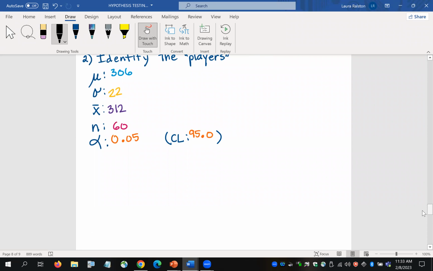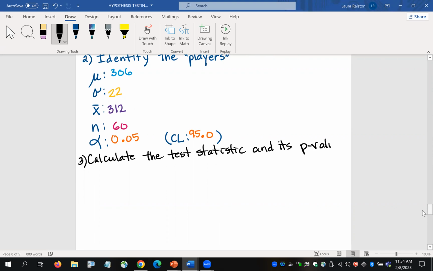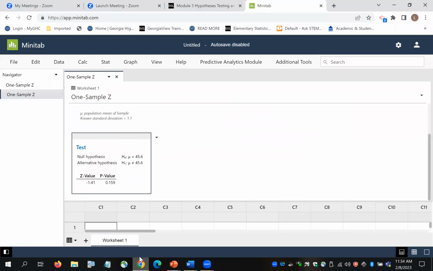So step 3 is to calculate the test statistic and its p-value. So we're going to do that in Minitab.